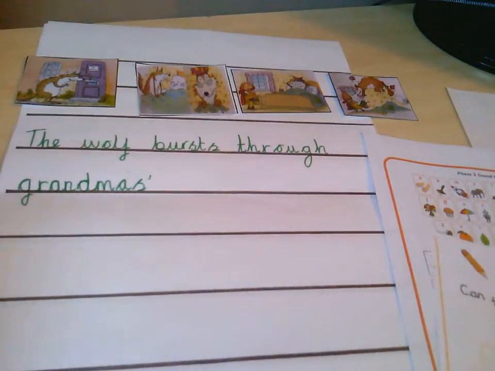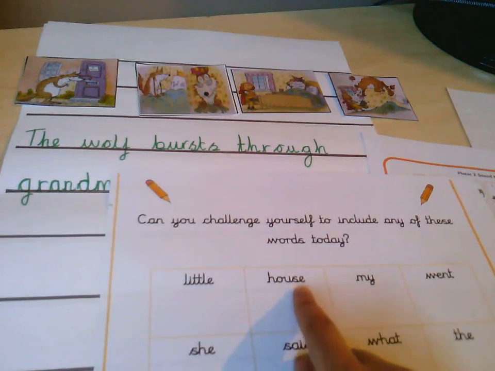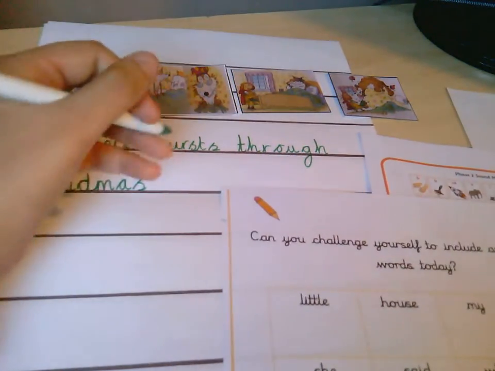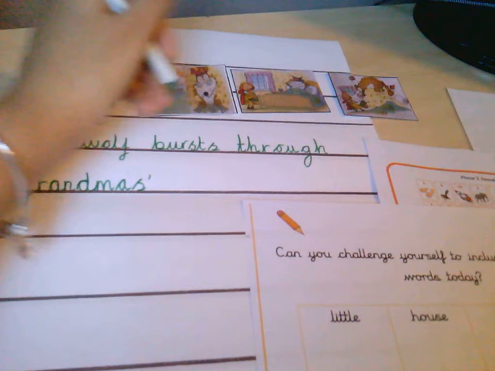Now, house, I know house is on my word mat, and I can see it's house. So I'm going to use that magpie idea. The wolf burst through grandma's house.